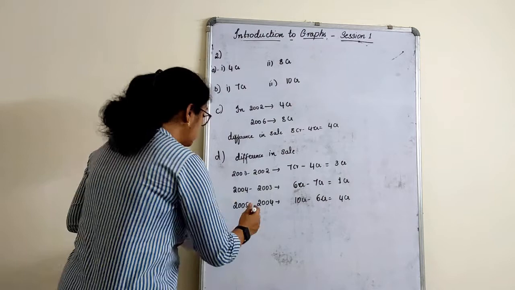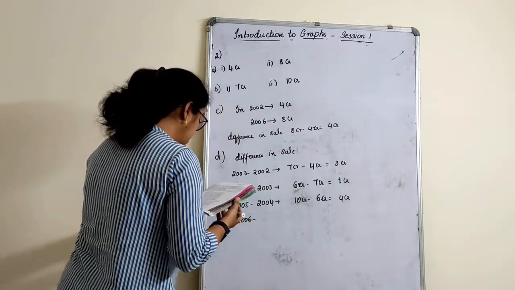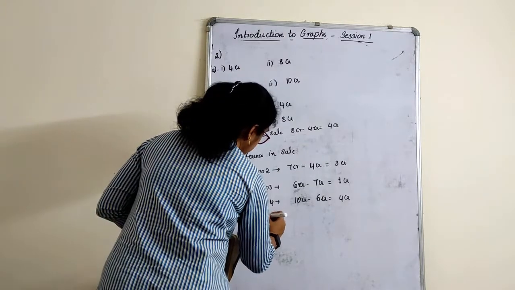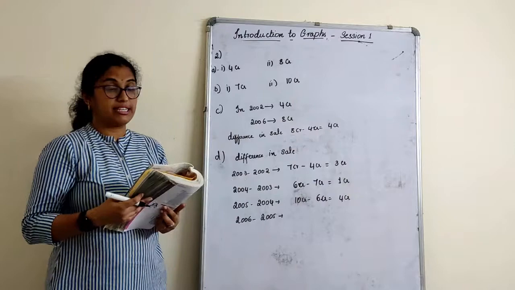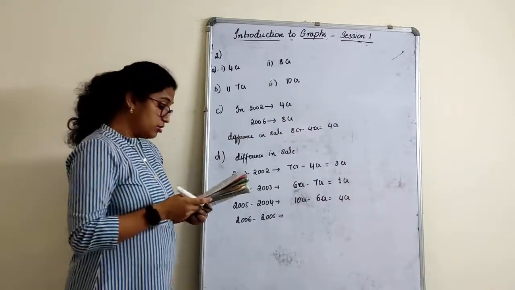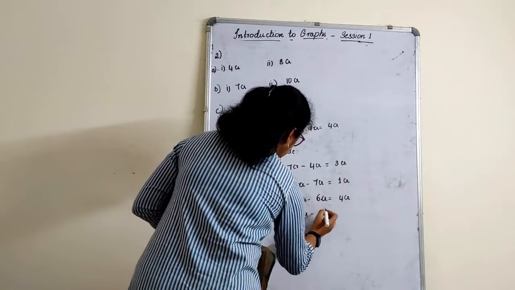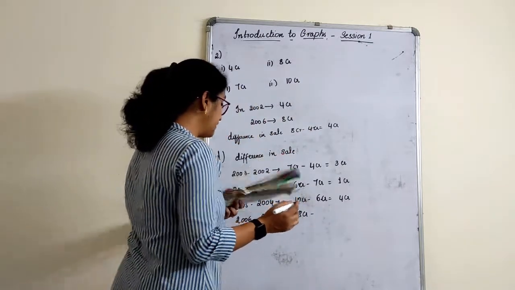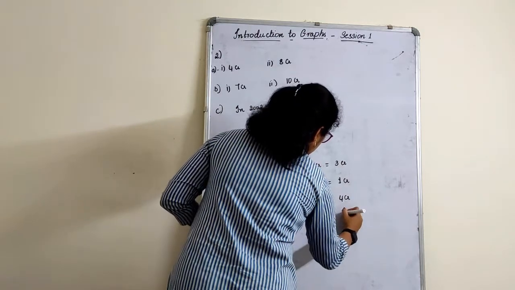Last one is again 2006 and 2005. See, we have to actually find a difference where there is a rise, not where there is a low. So 2006 sale is 8 crores minus 2005 sale is 10 crores. So this is 2 crores here.